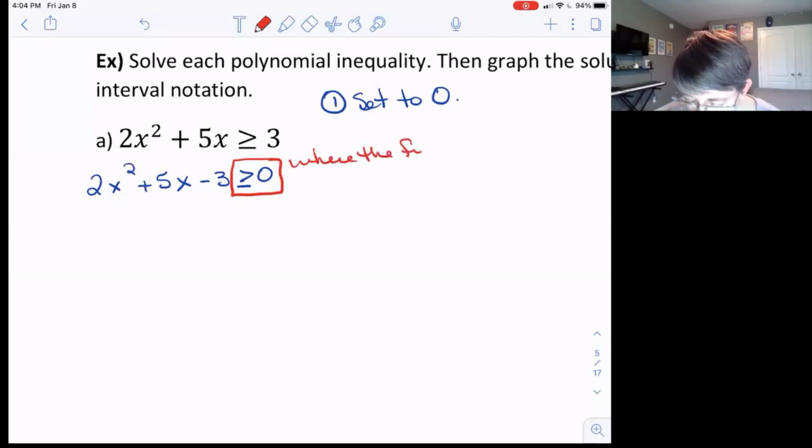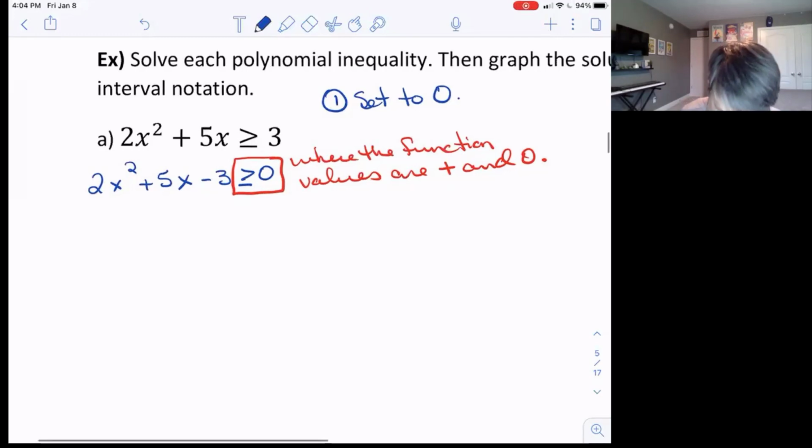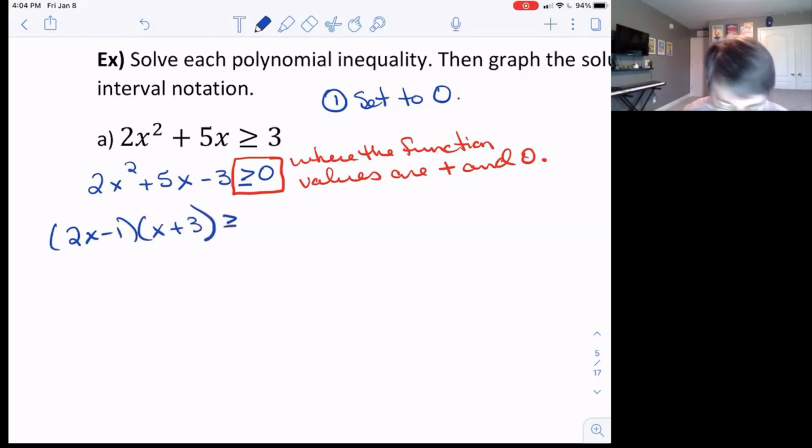So this greater than or equal to 0 means we are looking for where the function values are positive and 0. Well, lucky for us, we've got a quadratic set to 0, so we can factor or use the quadratic formula. This one is factorable, so we will get 2x minus 1 times x plus 3 greater than or equal to 0. So the second thing we want to do is solve for x.